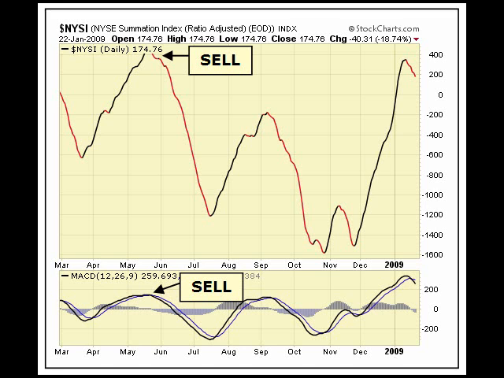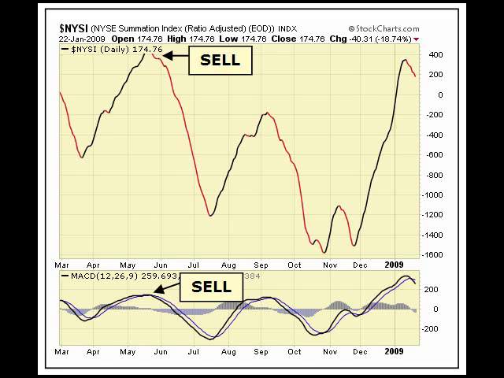In mid-May, the summation index MACD confirmed the downtrend when the MACD line crossed below the 9-day EMA trigger line, indicating a price downturn. The S&P 500 index sold off 15% after this sell signal.